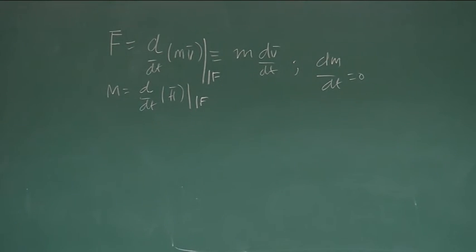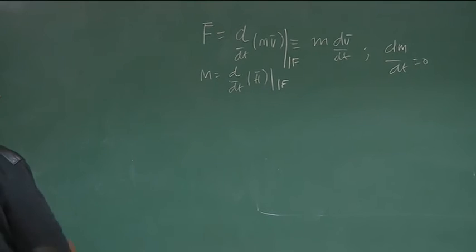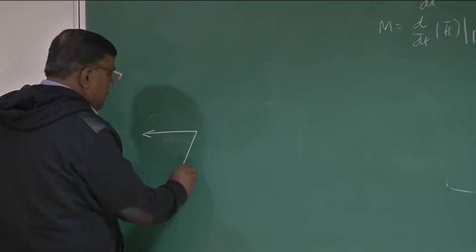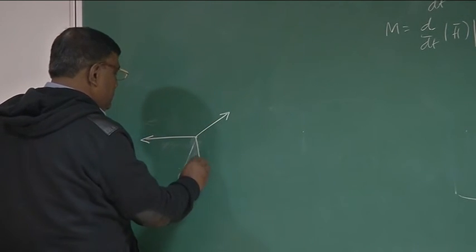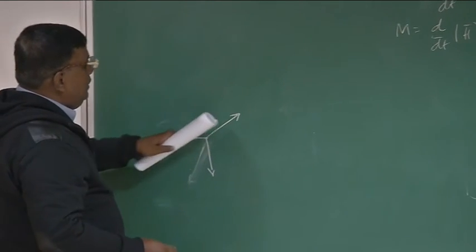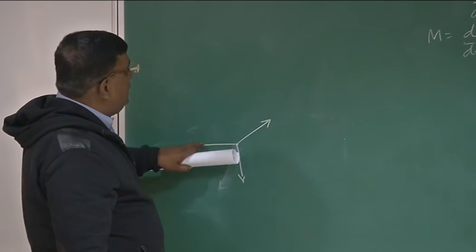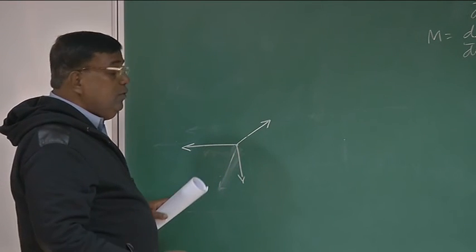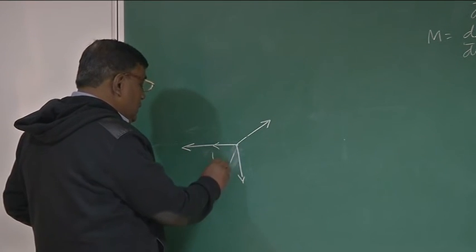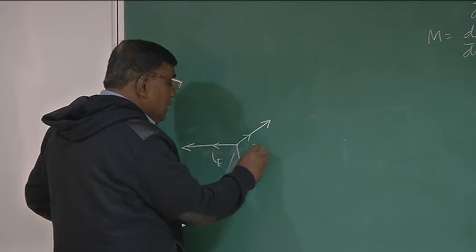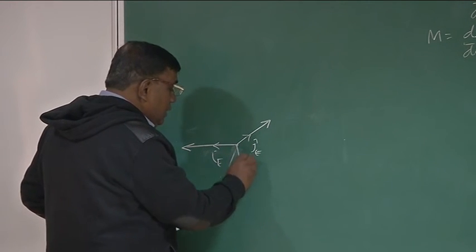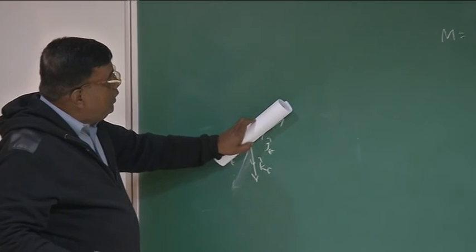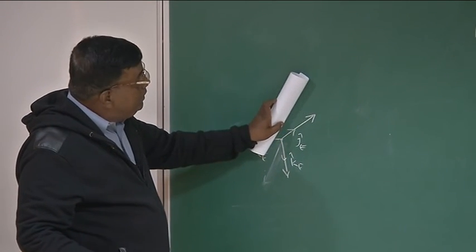Please understand one thing. Suppose you are in a frame, and there is a vector in this frame. Assume these directions are not changing, the frame is not rotating, so its unit vector directions i, j and k are fixed. Now see, if this body rotates like this, what will happen?